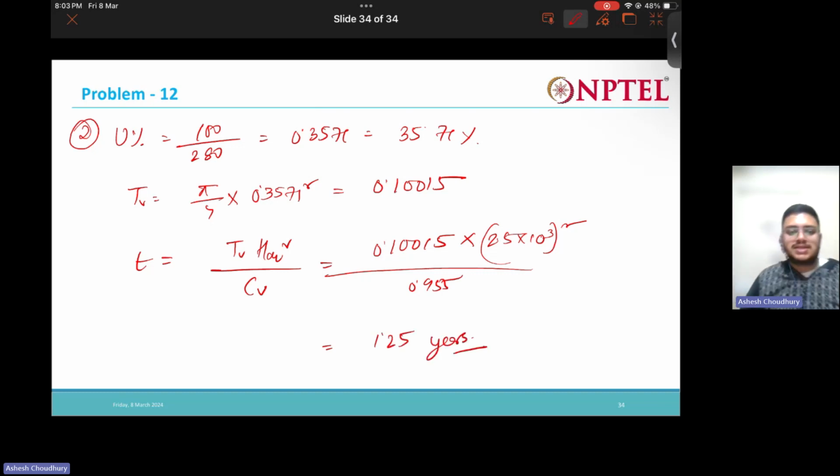So for 100 mm settlement, that is for 35% settlement, 1.25 years is required, and for 90% settlement, more than 10 years is required. Okay, done.